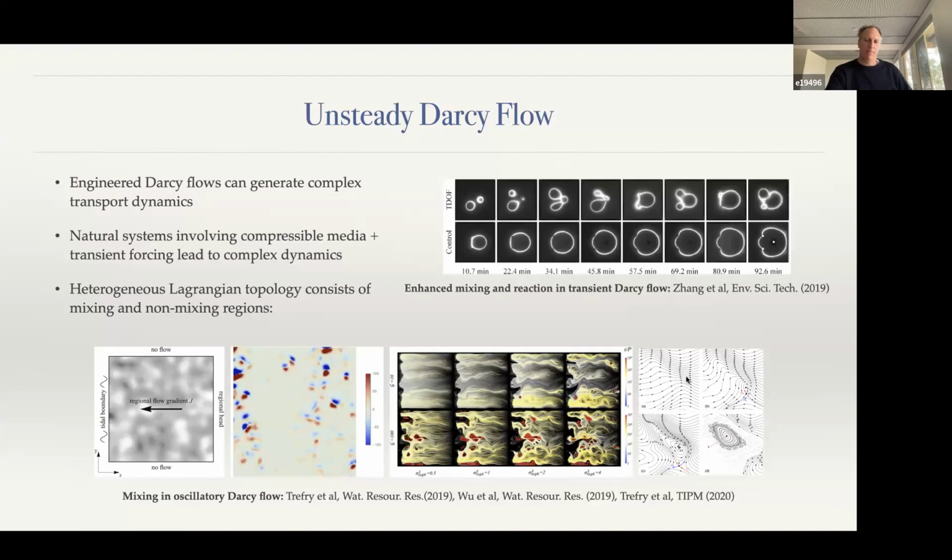So you can see for a fairly inelastic medium, the average transport is the same as for a steady flow, but as the compressibility of the medium increases, we see bifurcations and new transport dynamics arising, such as these closed islands here that are essentially barriers to transport, and eventually a bifurcation towards chaotic dynamics. So in flows that are otherwise quite simple under steady conditions, the impact of transient dynamics changes that markedly.